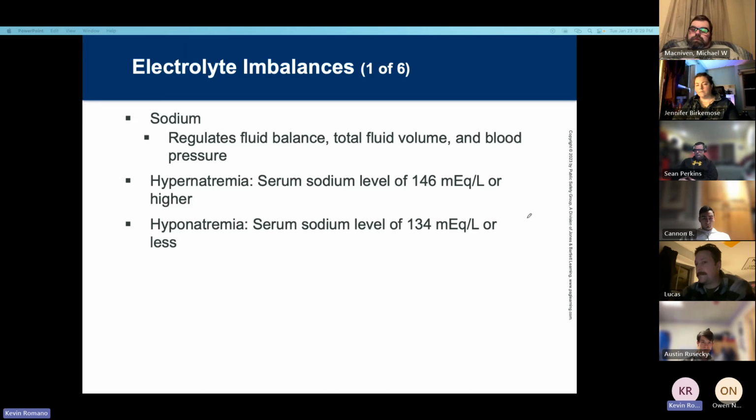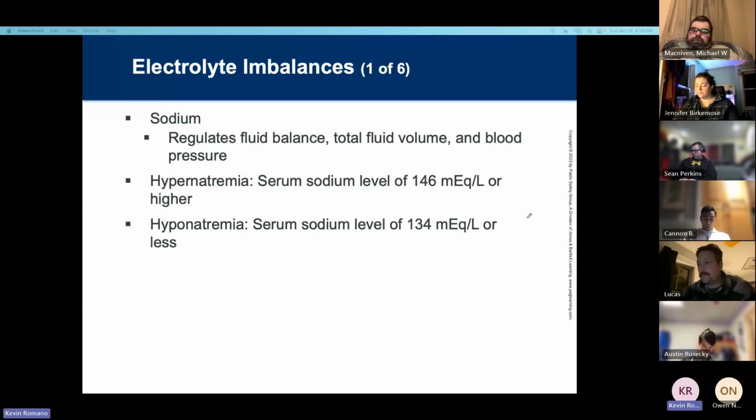This also facilitates muscle contraction and nerve impulse transmission. Sodium. Hypertonic fluid deficit occurs due to a disproportionate loss of sodium and water loss. So salt, right? Sodium being removed from the body.